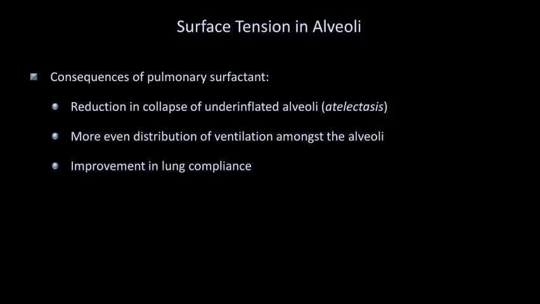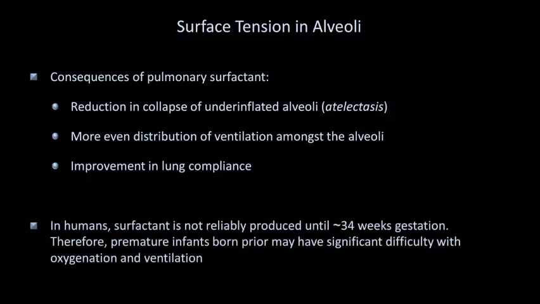The last major clinically relevant aspect of surfactant has to do with preterm births. In humans, surfactant is not reliably produced until about 34 weeks gestation. Therefore, premature infants born prior to this may have significant difficulty with oxygenation and ventilation, a condition called infant respiratory distress syndrome, not to be confused with adult respiratory distress syndrome, which is quite different.